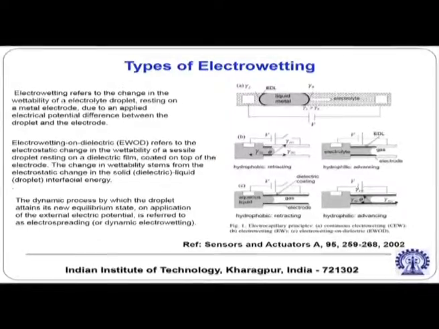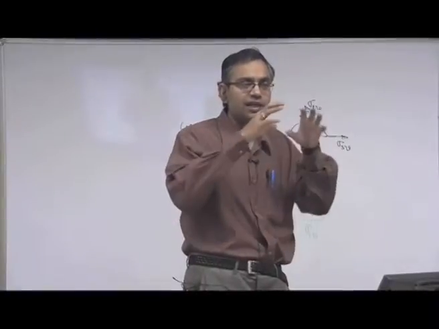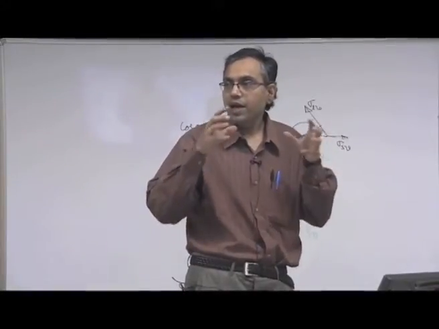There is a process by which the droplet attains its new equilibrium state on application of the external electrical potential, and there is a dynamics associated with it. Let us say the droplet is sitting on a substrate and then you are applying a potential.